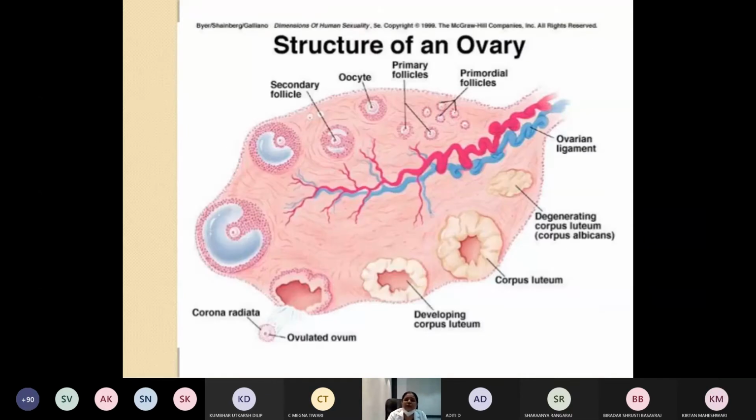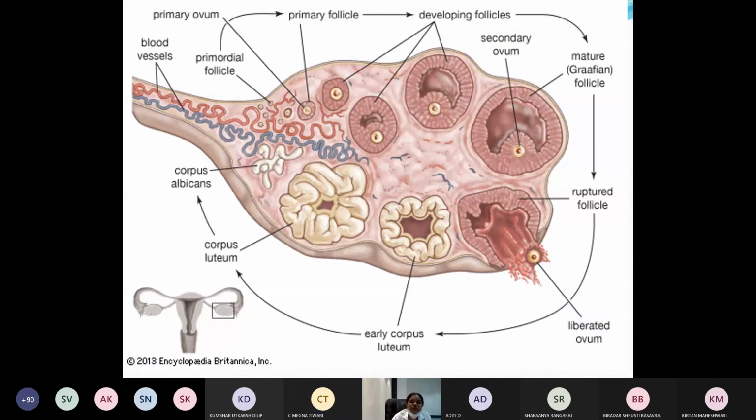It is a structure of the ovary. You can see it is a structure of the ovary, and this is also how it develops and matures.